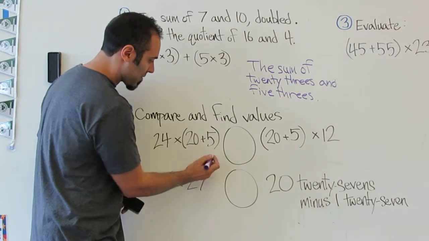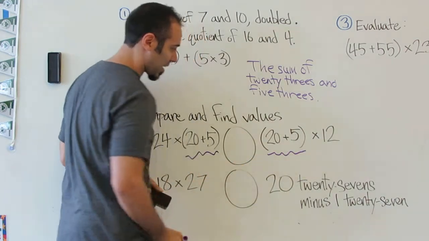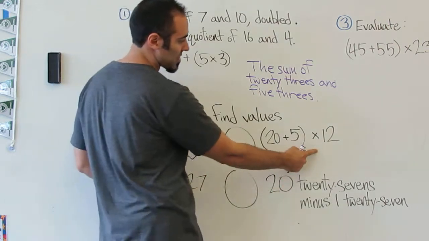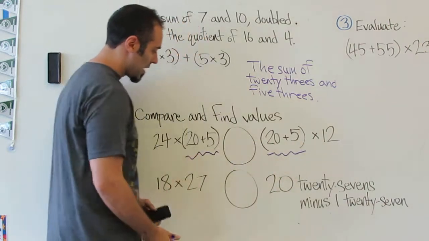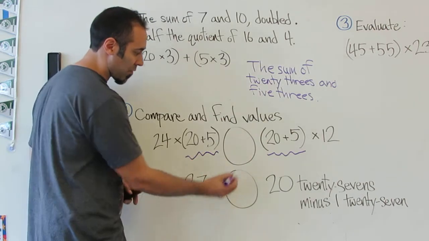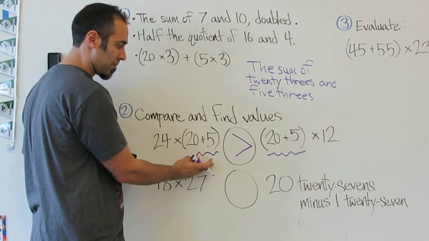So here it's pretty obvious that the 20 plus 5, each side has that in common. And this side is being multiplied by 24, while this side is being multiplied by 12. And since 24 is higher than 12, we know that this side has the higher value. Therefore, we're going to be using this symbol to show that.